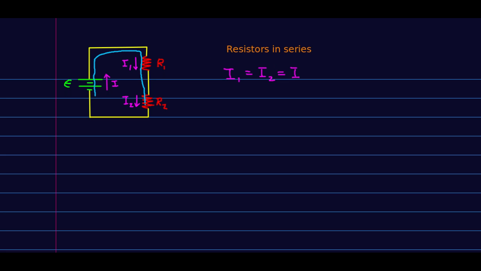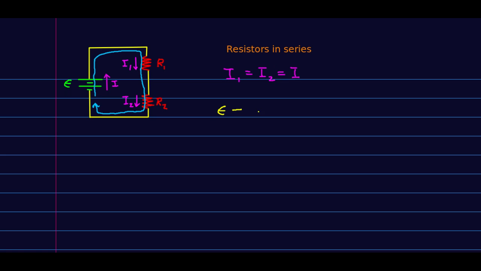If we think of walking around this loop, we can now write down the voltages. We walk up a voltage epsilon as we step through the battery. As we step through the resistor, the voltage drops. We're going with the current, and these charges are losing electrical potential energy as they go through the resistor.